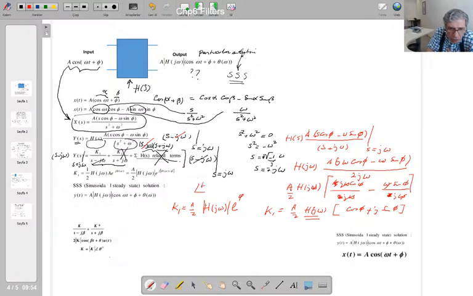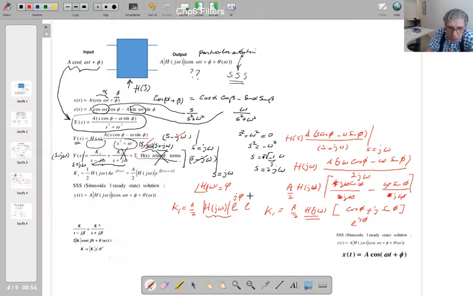Angle of H(jω) is φ. So it's going to be jφ. So that is the polar form of this. So what is this? According to the earlier formula, it is e to the power jφ, isn't it?